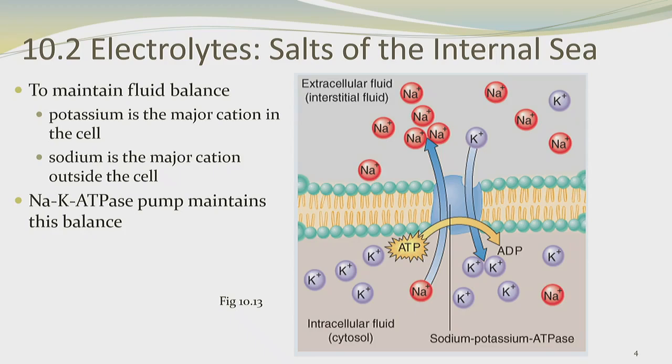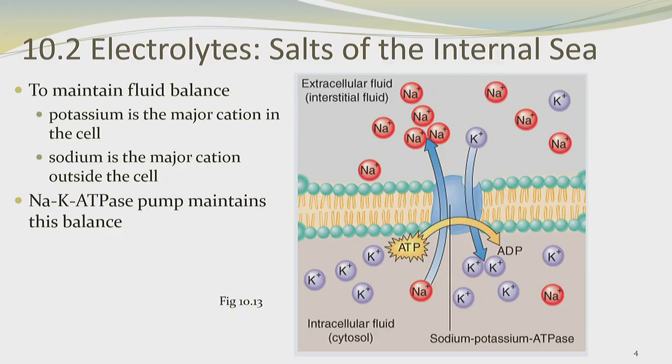Typically, there is more sodium in the extracellular spaces, and you will find more potassium in the intracellular spaces. The sodium and potassium move against their concentration gradients with the help of what we call the sodium-potassium ATPase pump, shown in blue.